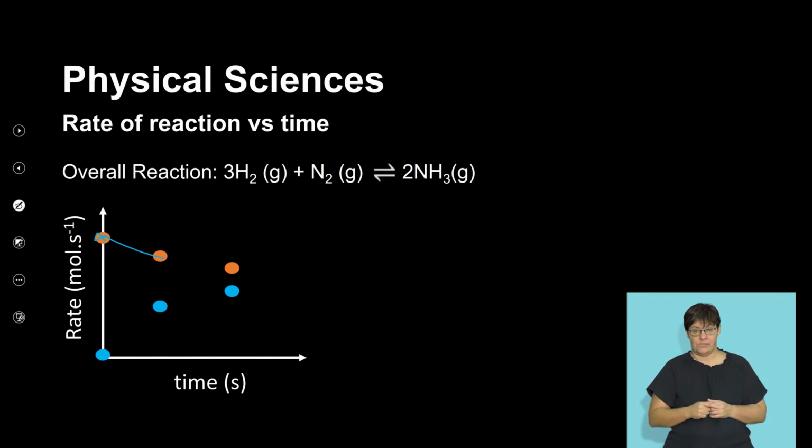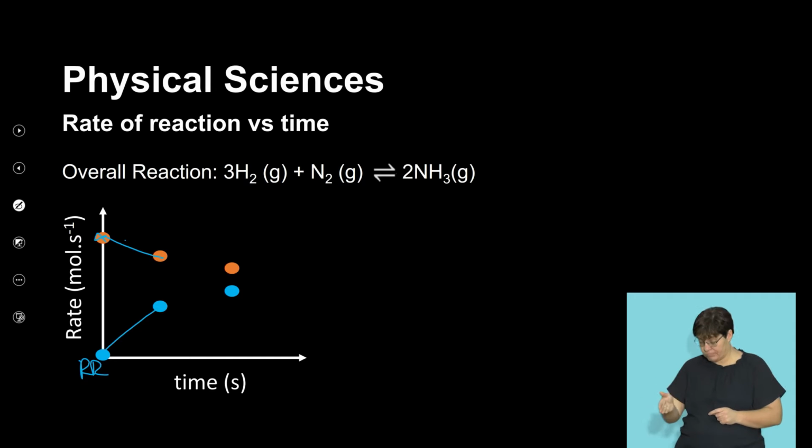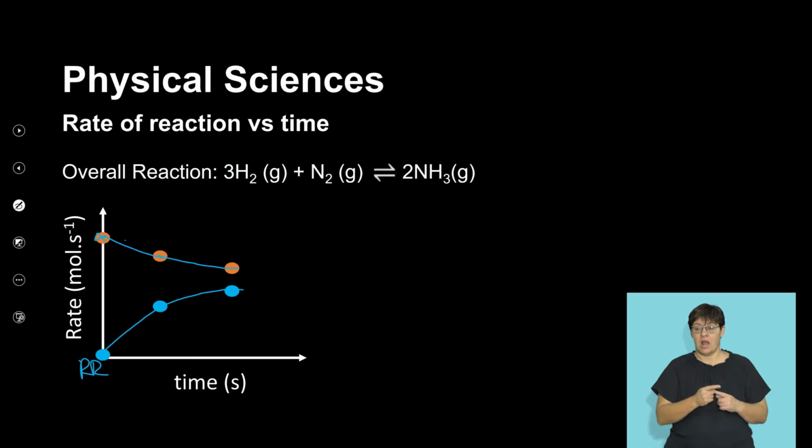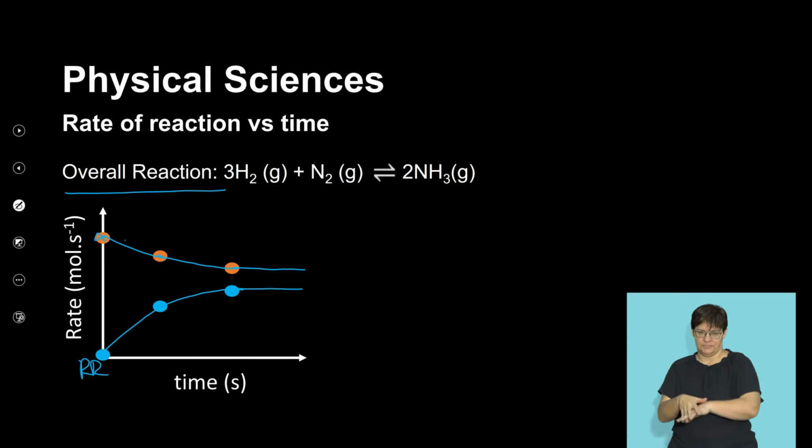At the beginning for the reverse reaction, there was no ammonia, but as soon as it started to convert and make ammonia, we had a reaction that looked like that. So if we would complete this, our rate of reaction graph will look more or less like that, and that is now for the overall reaction, where we look at the forward reaction and the reverse reaction.